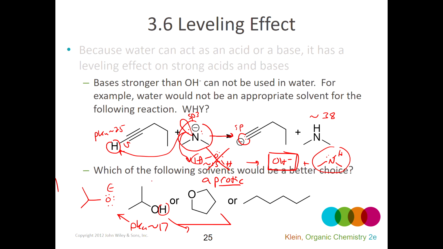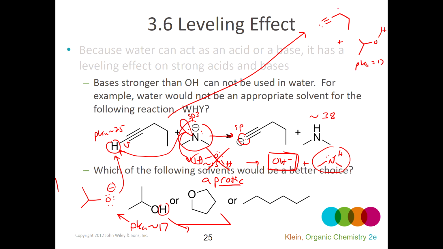Oxygen is more stable than carbon with a negative, even when I'm looking at the sp3 difference in the orbital. And I know that because if I try to use this to pick off this proton, the products that would be created would have a pKa of about 17.